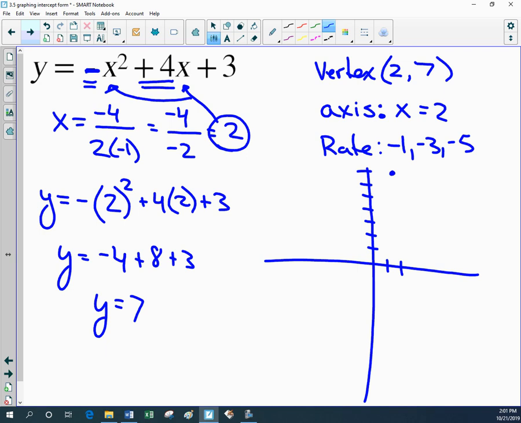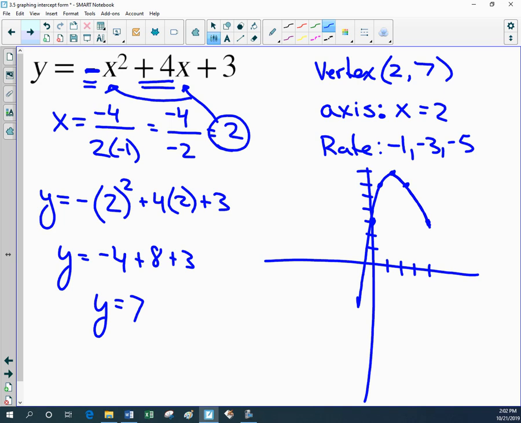So the vertex is at (2, 7). Okay, so here's the vertex. The rate, negative 1, negative 3, negative 5. So from here I would go down 1 over 1. Do the same thing on each side of the vertex. From the point we just found, we would go down 3, so 1, 2, 3 over 1. Then from there I would go down 5 over 1.